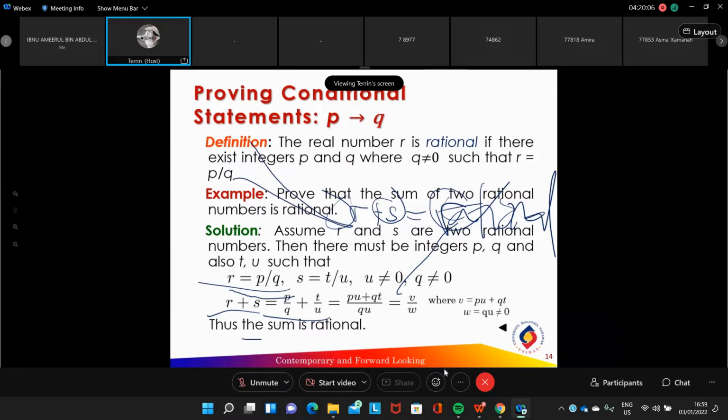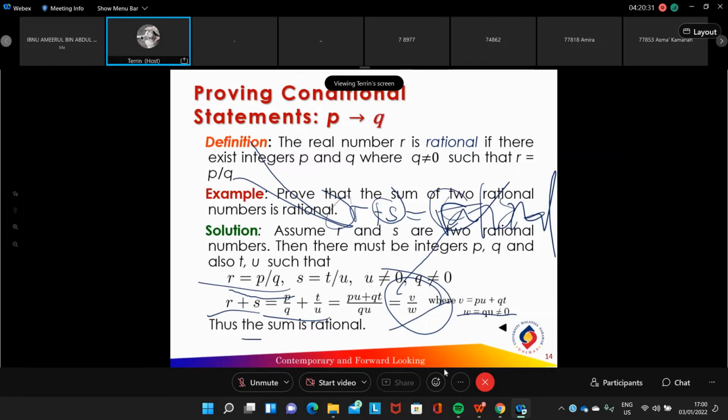And then just your basic algebra, unless you get a form of u over v. And we know that u over v is also in the form of an integer divided by another integer, such that v shouldn't be equal to 0, like the one here, right?